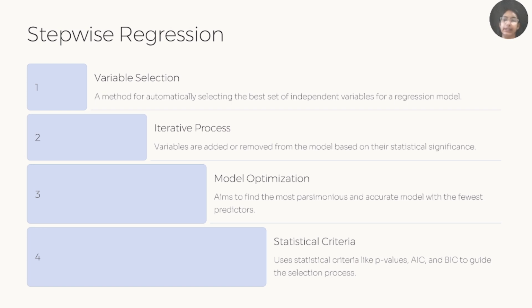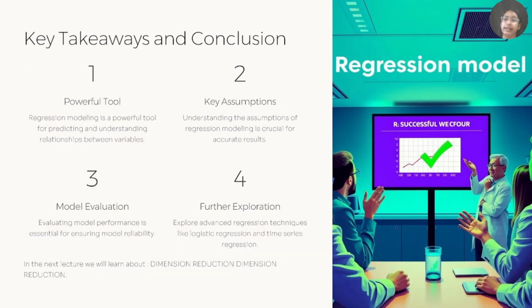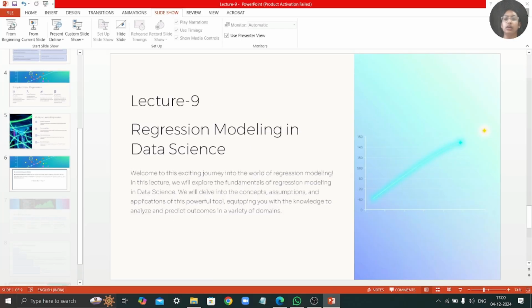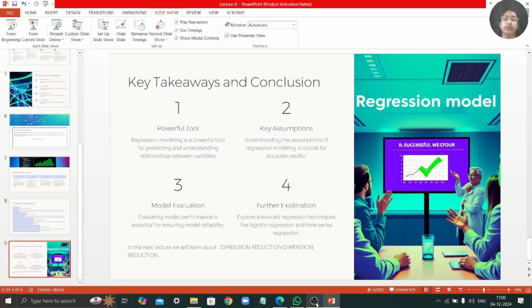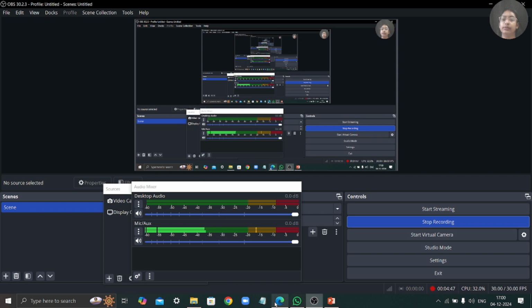First, we select the variable, then we use an iterative approach, iteration is done, and then we have model optimization, then statistical criteria.